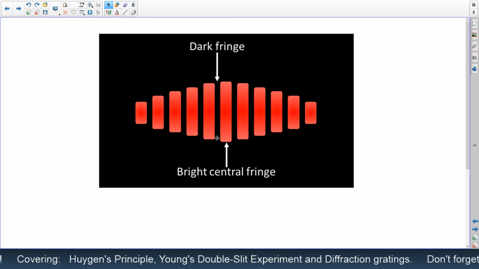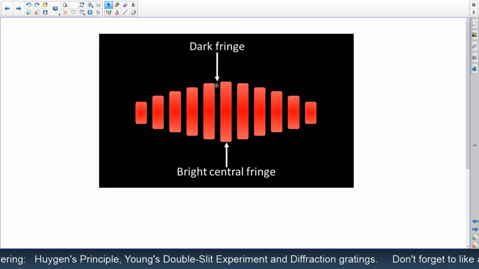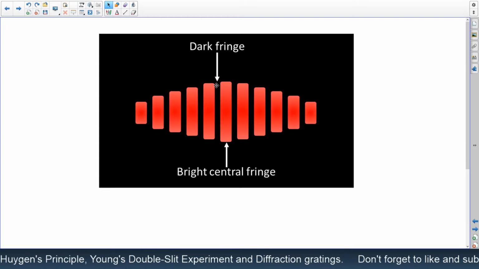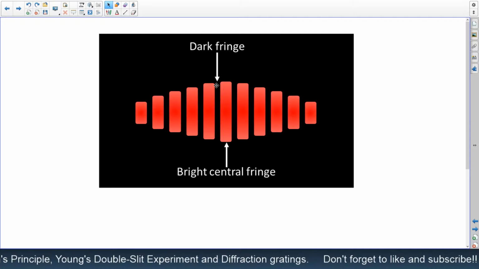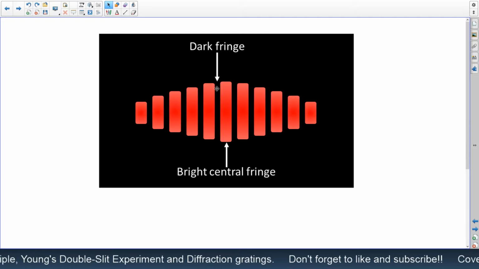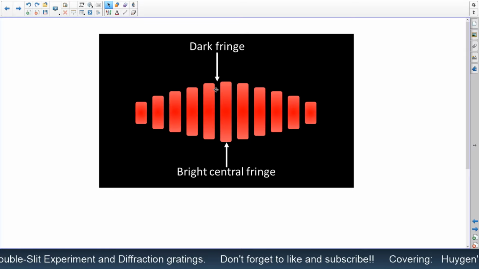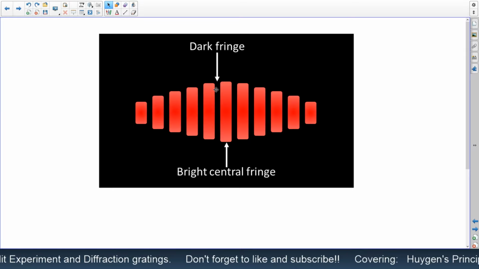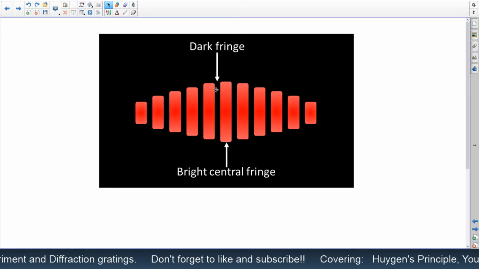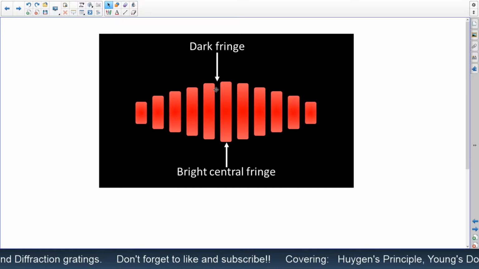So you get a complete lack of light. Now, this really threw the corpuscle particle idea of light out the window, because imagine throwing two tennis balls that struck a wall at exactly the same point at exactly the same time, and that they simply cease to exist. That's not what particles do. They would bounce off, they'd hit the wall, double in effect.